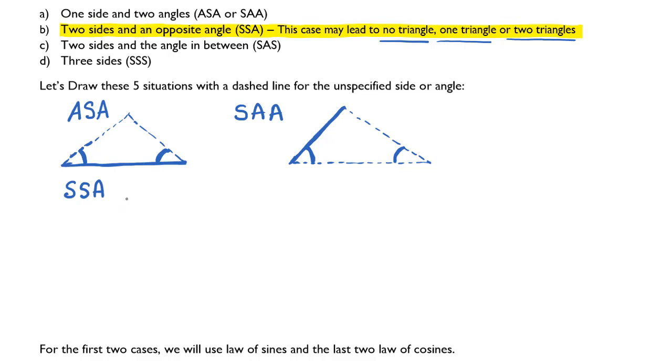This one can be drawn in this way, where you have one side given, you have another side given, and you have an angle given. But notice that there is no defined angle for the other connection point between this side given and the other side given.